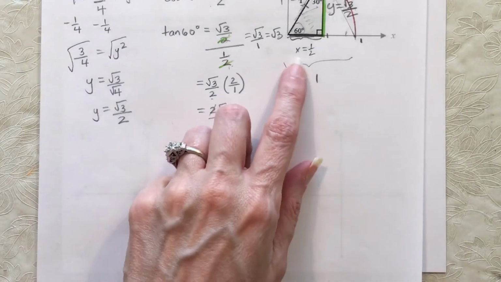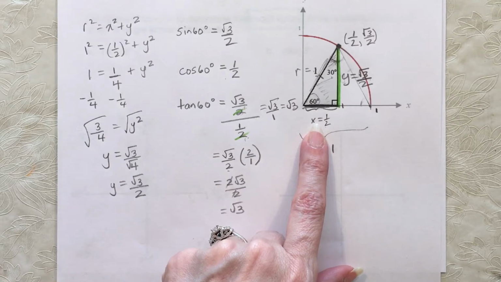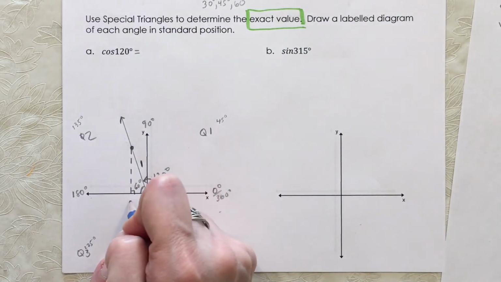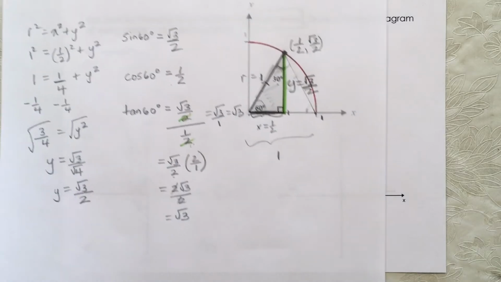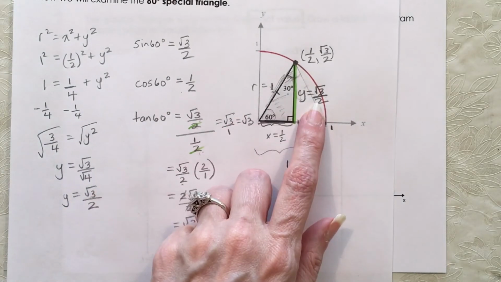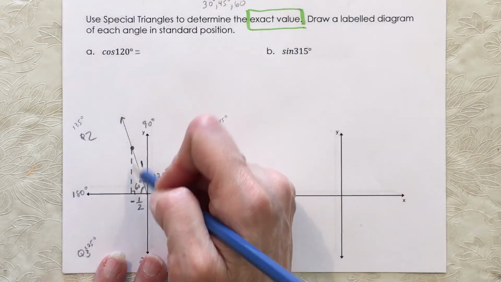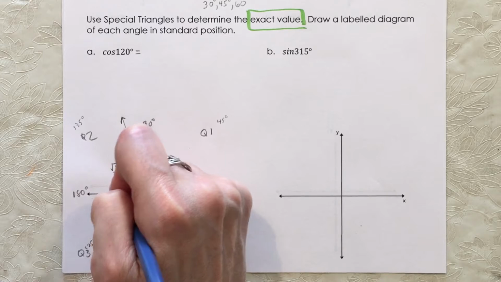Its x value is either going to be 1/2 or -1/2, depending on what quadrant we're in. So in quadrant 2, it makes sense for the x value to be -1/2. And the y value for the 60-degree triangle is always going to be √3/2 or -√3/2. And in the second quadrant, it makes sense for it to be positive √3/2.